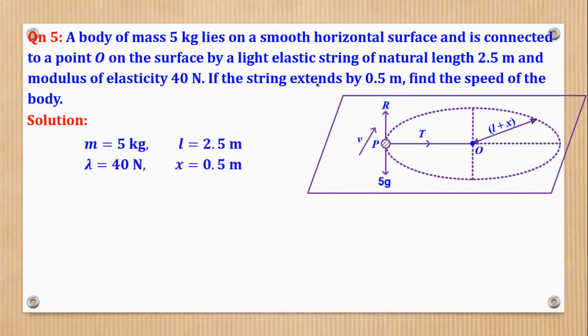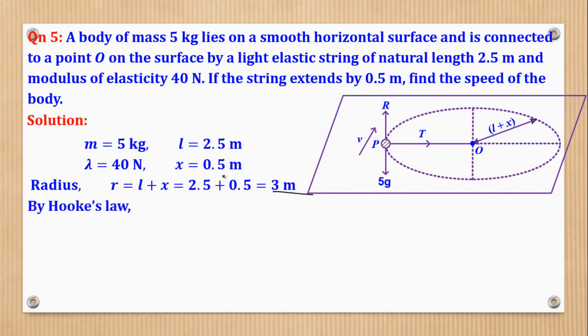So that is mass, length, modulus of elasticity, and extension. So the radius is the extended length, which is this. By Hooke's law, tension can be equal to using that formula. So T will be equal to 8 newtons.